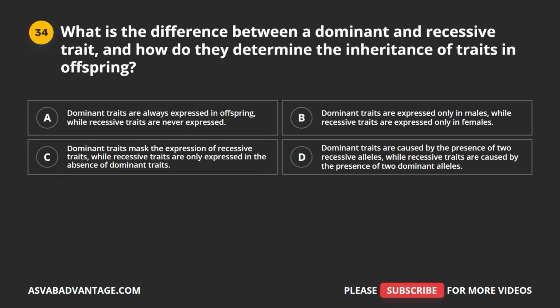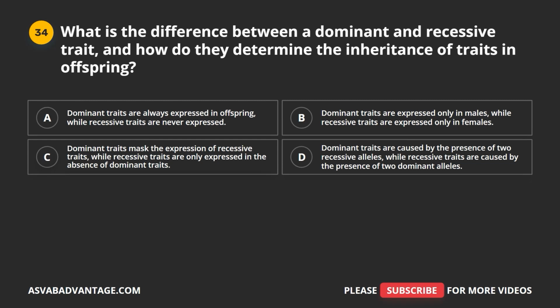Question 34. What is the difference between a dominant and recessive trait, and how do they determine the inheritance of traits in offspring? A. Dominant traits are always expressed in offspring, while recessive traits are never expressed. B. Dominant traits are expressed only in males, while recessive traits are expressed only in females.